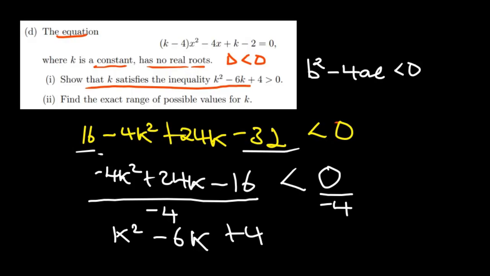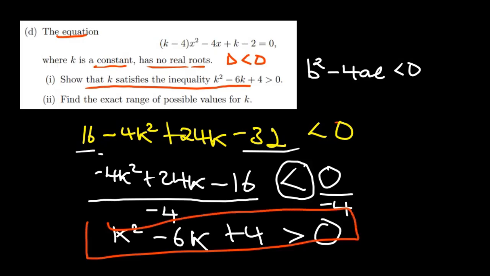And since I divided by a negative number, the sign has to change, so it will be greater than 0. You can see that what we have now is what we've been told to show: k squared minus 6k plus 4 is greater than 0. So we can write hence shown.